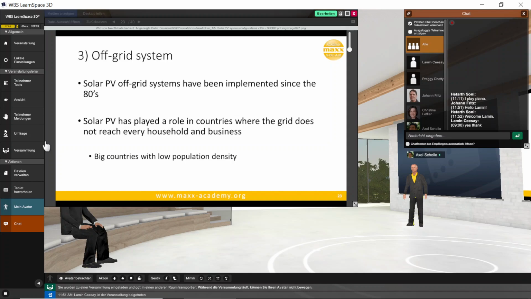And it was amazing what they actually managed to do: how many refrigerators they ran with it and kept the lights on and ceiling fans to give a certain comfort level to the tourists. It was not really with air conditioning, but putting it to the next level in terms of scale, it played a role, and it was not subsidized. So it was competitive against a grid extension or extensive use of diesel. So any big countries with a low population density could always make use of off-grid solar.